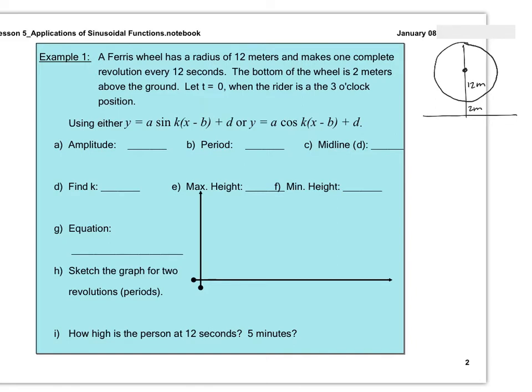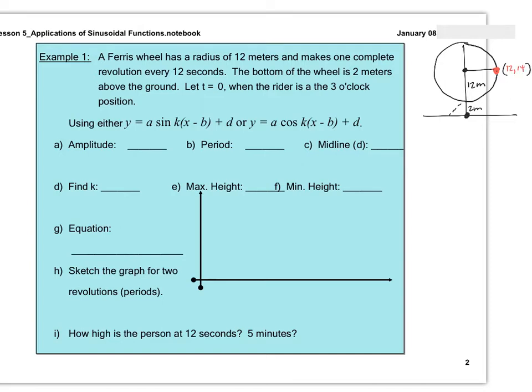So imagine you get on, there might be like some little steps or something to get on, and you go around to the 3 o'clock position, which would be over here. At that point, let's think about what is the coordinate. If we think about 0, 0 being down here at the ground, at this point in red, the coordinate would be over 12 and up 14.